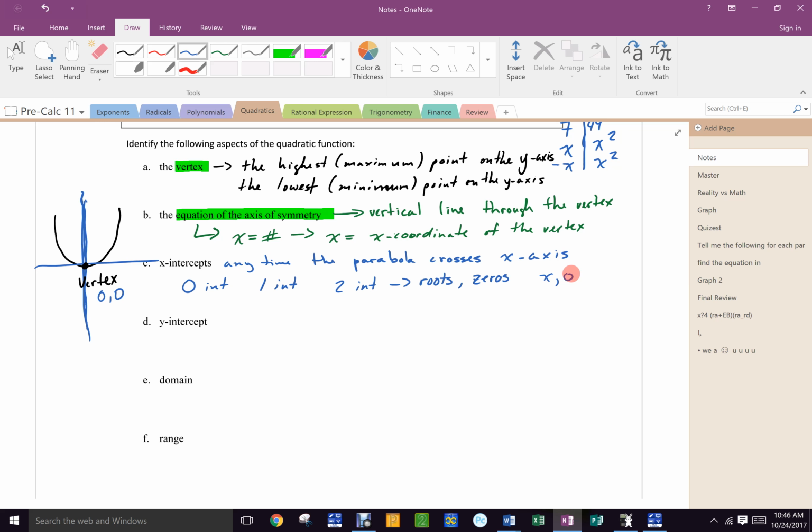Yeah? Okay. The y-intercept. What's the y-intercept? In regular English, what's the y-intercept? How many times can that happen?